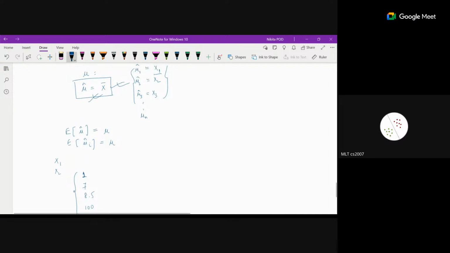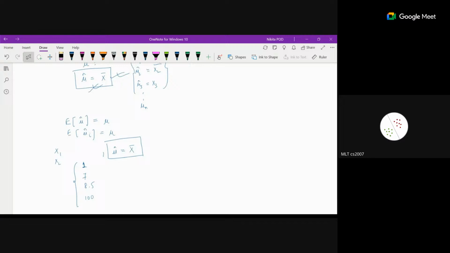That is what we don't want. So that is why we chose mu hat to be x bar. This is the most ideal estimator that we can have, because it is not just unbiased, but also, when you are averaging all of this, so what is my x bar? My average x bar is 1 by n times x1 plus x2 plus up to xn, right? So you're averaging your data set.